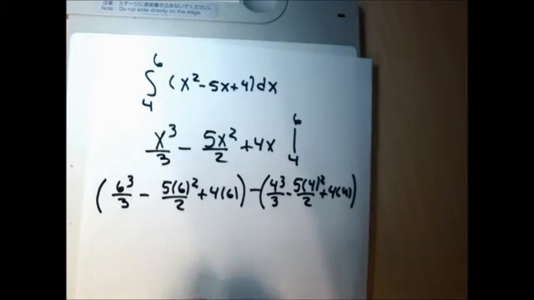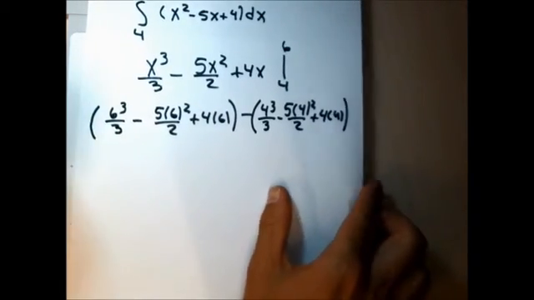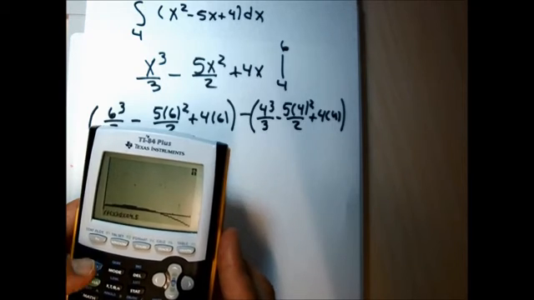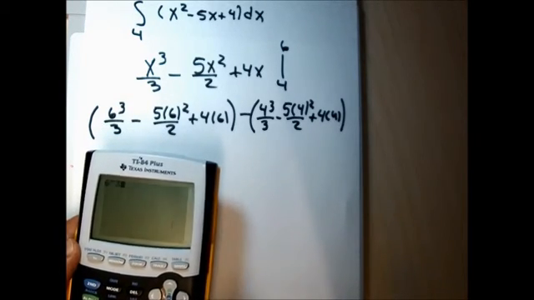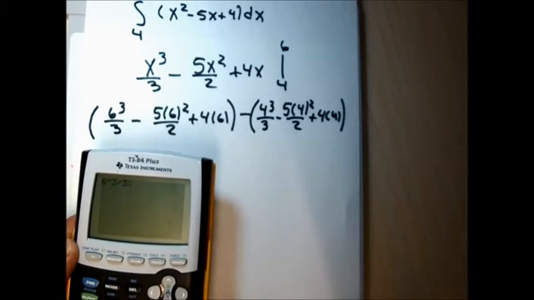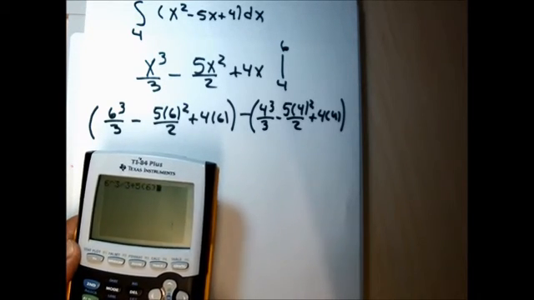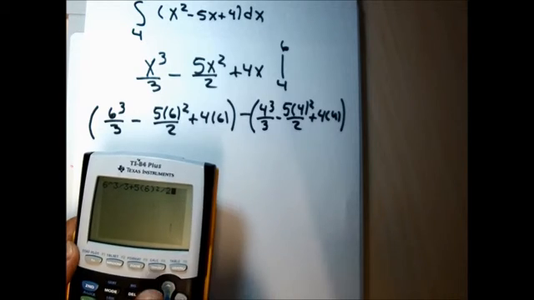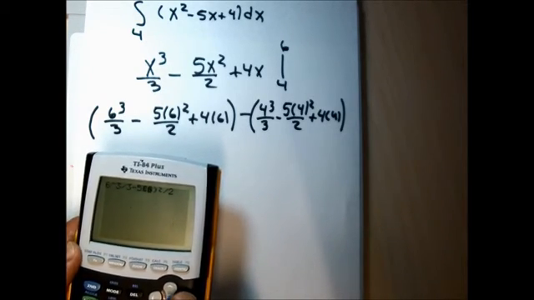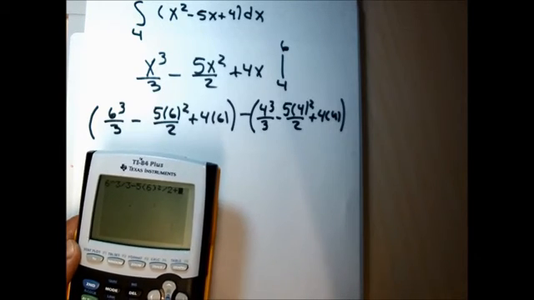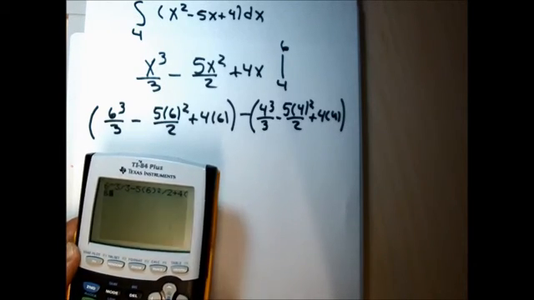Calculator time. You could definitely do this without a calculator if you really have the desire, but I don't really care. I don't want to do those. So first parentheses, 6 up arrow 3 divided by 3 minus 5 parentheses 6 squared over 2 plus 4 times 6.